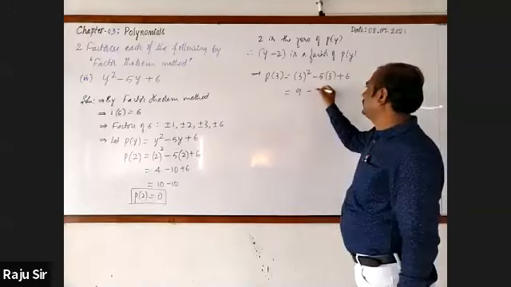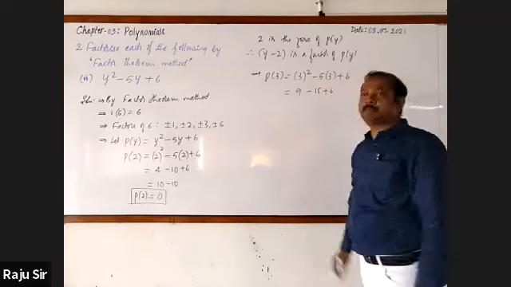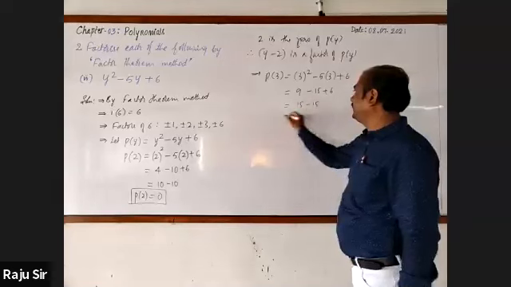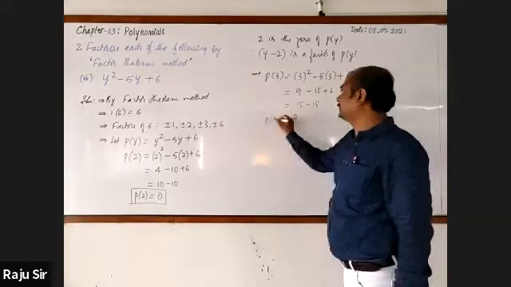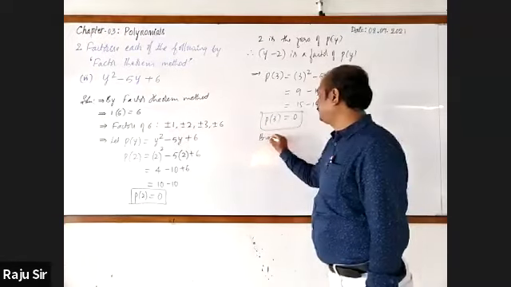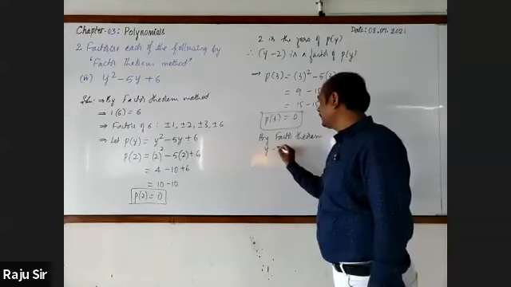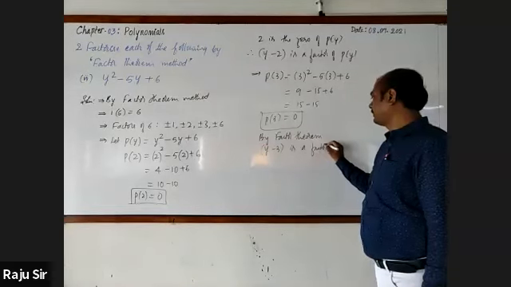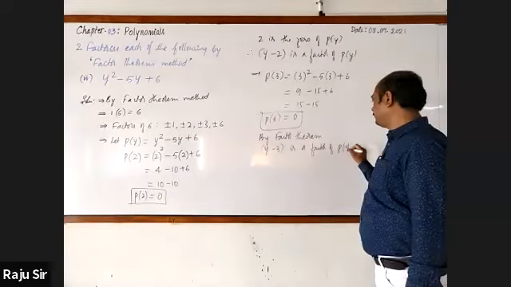Minus 5 into 3 is minus 15. Then plus 6. 9 plus 6 is 15. 15 minus 15 is 0. P of 3 is 0. By factor theorem, y minus 3 is a factor of P of y.